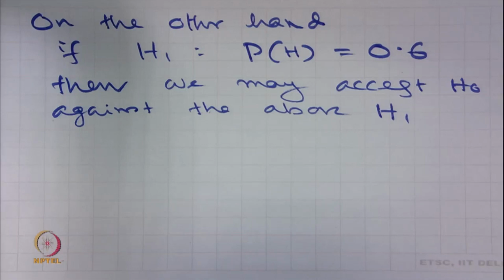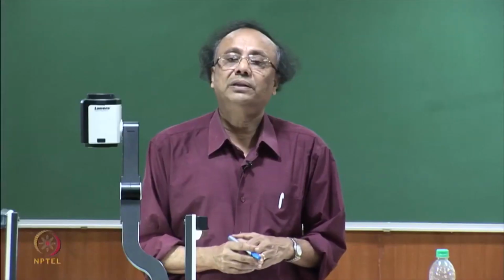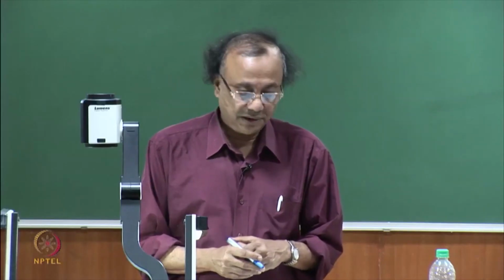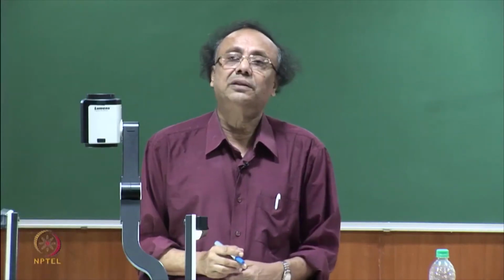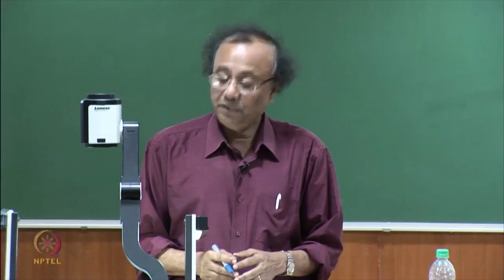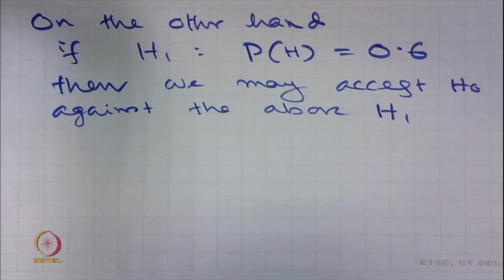Therefore, in testing of hypothesis, it is not only the null hypothesis or H naught, one has to see what is the alternative hypothesis, because the acceptance and rejection will depend upon the alternative hypothesis as well.